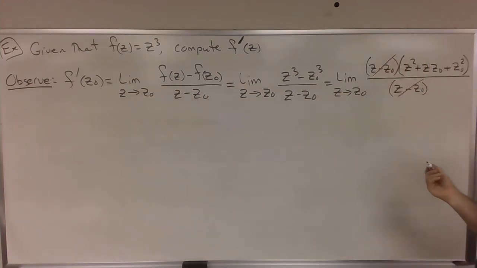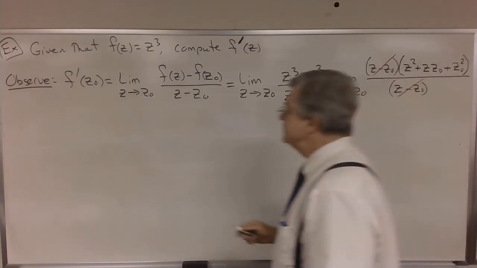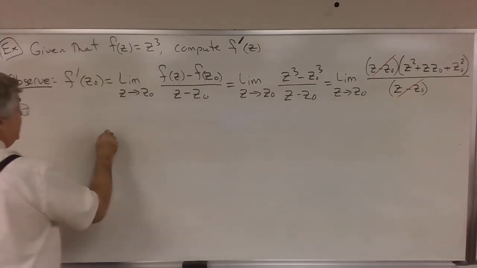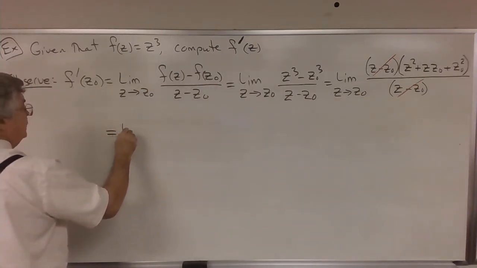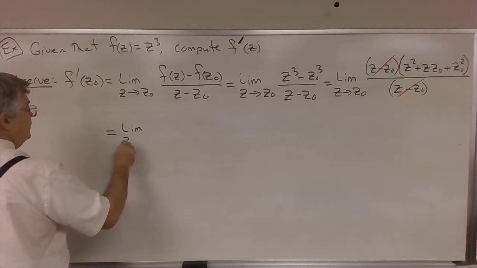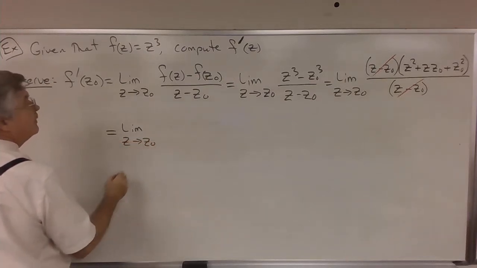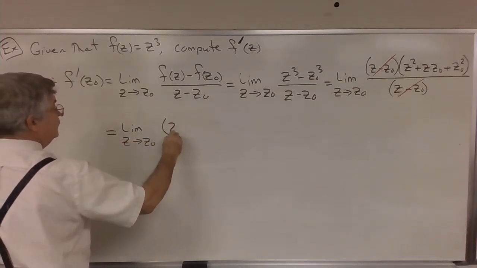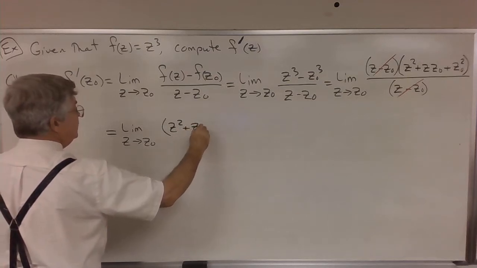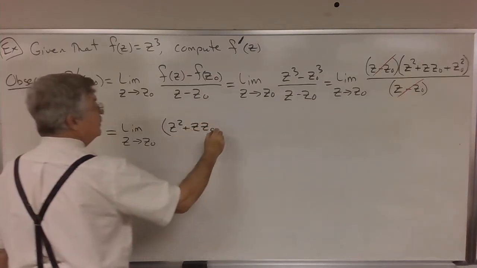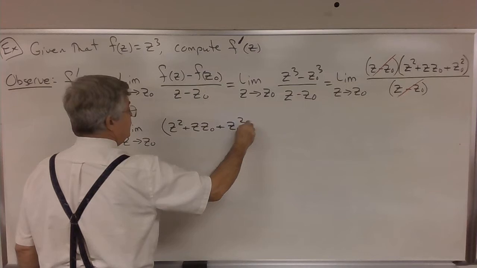And we cancel it out. We cancel out top and bottom. And so that leaves us with the limit as z goes to z naught of z squared plus z naught z plus z naught squared.